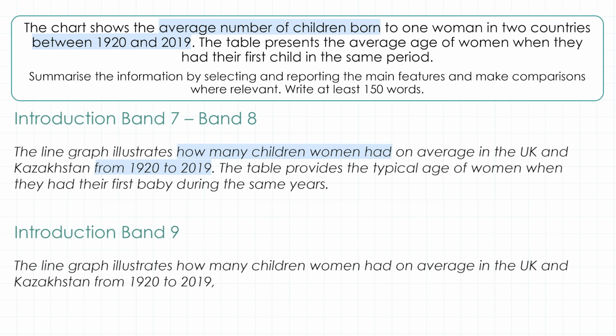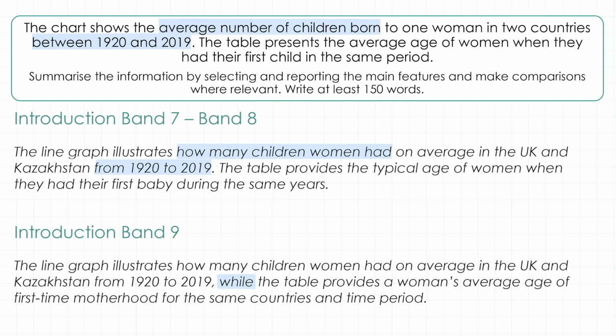Then we put a comma, right? "While the table provides," and now something interesting, "the table provides a woman's average age of first-time motherhood for the same countries and time period." So the linker "while" allows us to write a complex sentence. It's not overly long, so that's great.